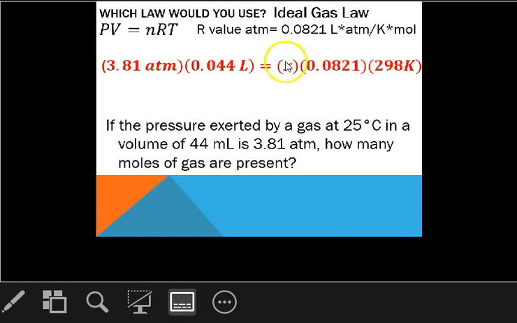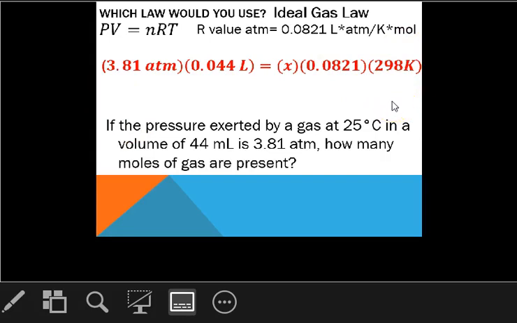PV equals nRT. Start on the side where you don't have a variable in your calculator. So that's 3.81 times 0.044. And divide by, and since you're dividing by 2 numbers, open parentheses, 0.0821 times 2.98, close parentheses, equal sign.